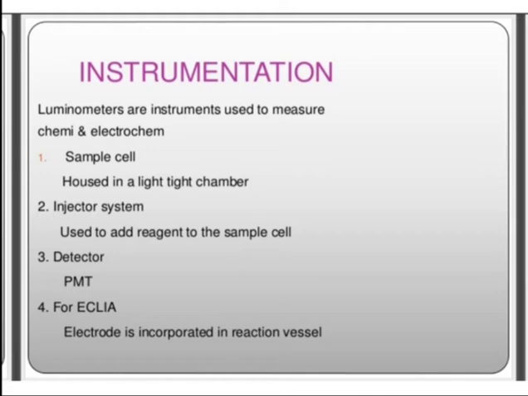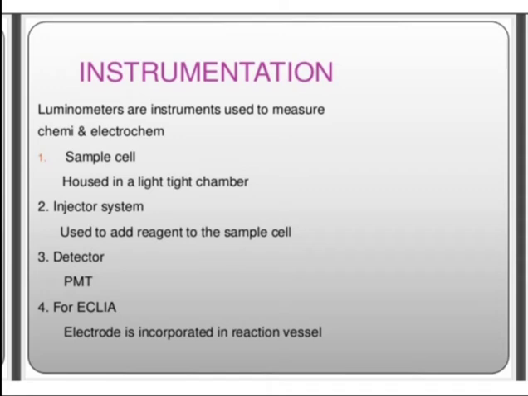For ECLIA, meaning electrochemiluminescence analysis, the electrode is incorporated in the reaction vessel, means simply electrodes are dipped into the reaction cell. Sample cell means tubes like cuvettes, and the injector system is there from which we can inject the solution, the sample or the gas into the system.